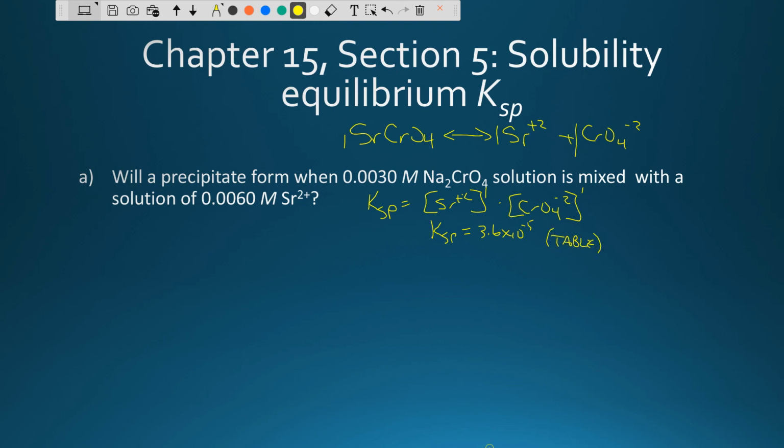But be careful. This is my value from my table. If I'm going to be mixing these together, I want you to be careful here because I said that this is going to dissociate, but we're mixing these two together, aren't we? So what happens is I'm going to be doubling the volume of things. Let's make an assumption here because it doesn't really say. Let's assume equal volumes are mixed.